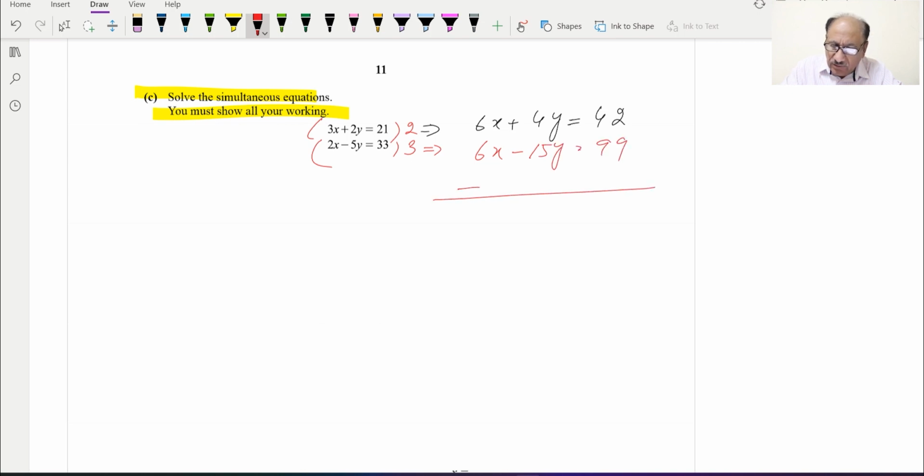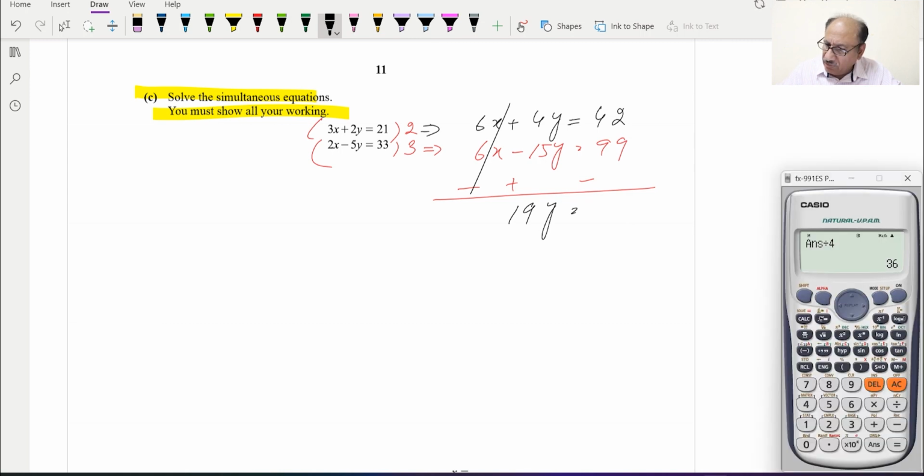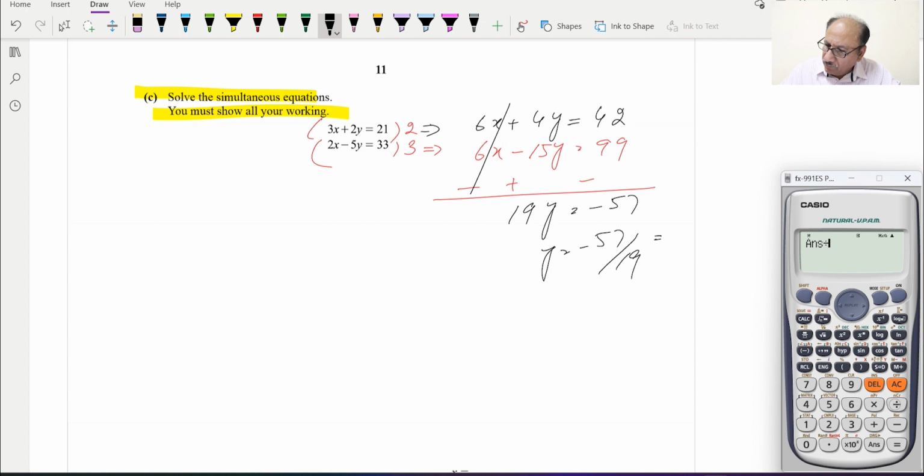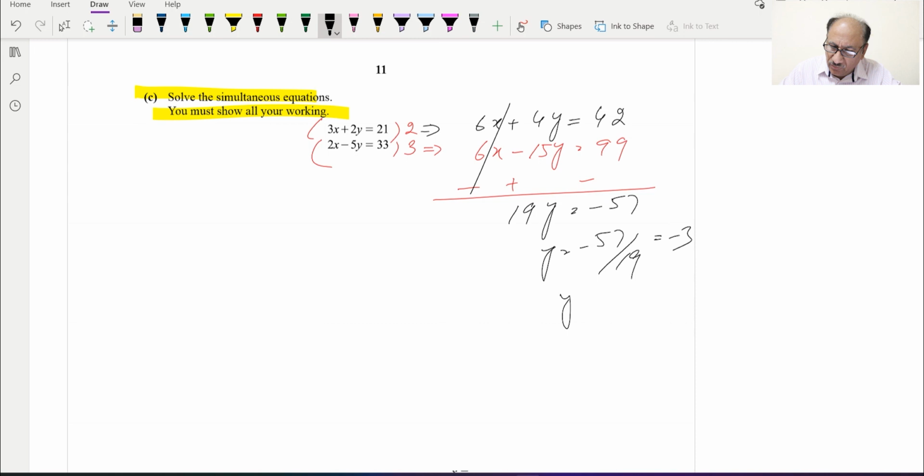Now we can subtract and change sign, and the 6x will be cancelled, and this will be 19y equal to 42 minus 99, and 42 minus 99 will give us minus 57. So y is equal to minus 57 over 19, which is equal to minus 3. So the y value is equal to minus 3.